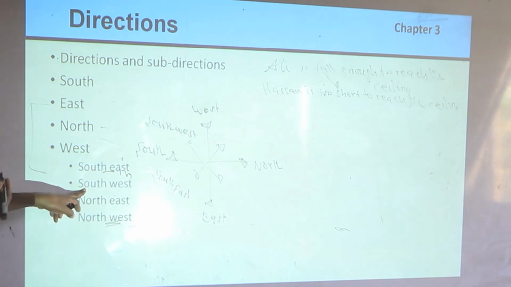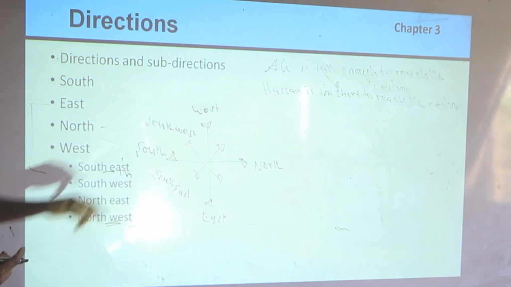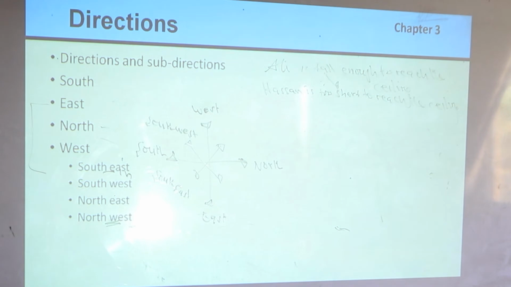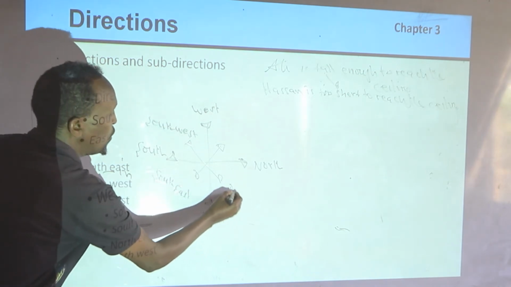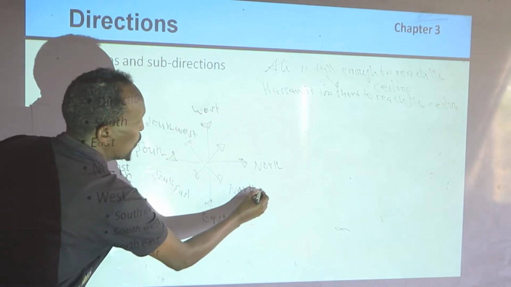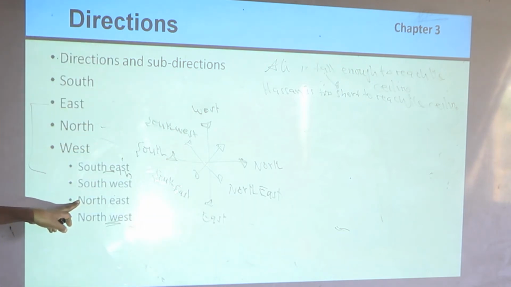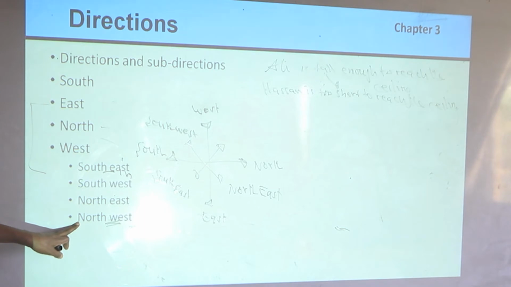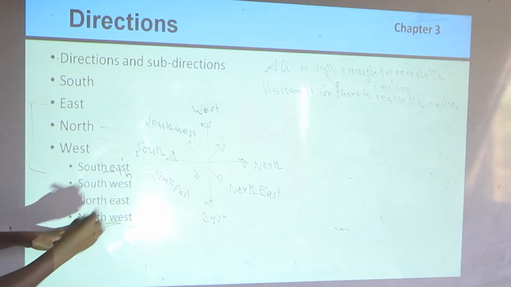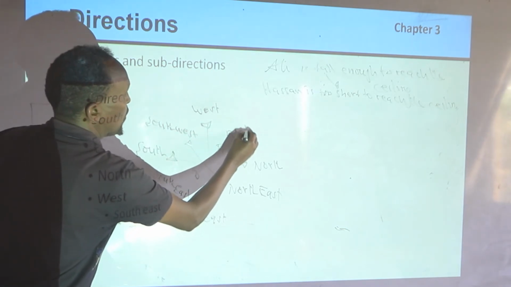And in between west and south, we have a southwest. Okay? Right. And in between north and east, we have a northeast. Okay? Right. And finally, in between west and north, we have a northwest.